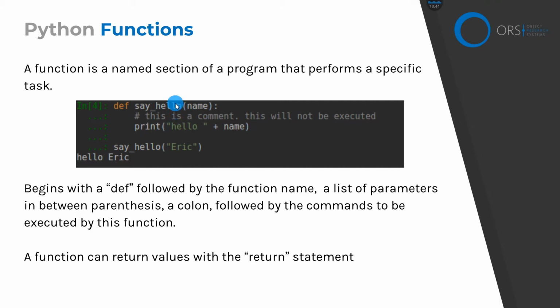So, for example, this is a function. In Python, you start defining a function with the keyword def, for define, and then the name of the function and some parameters.